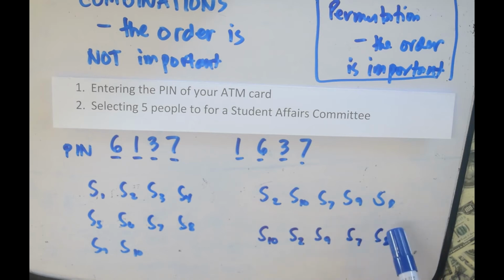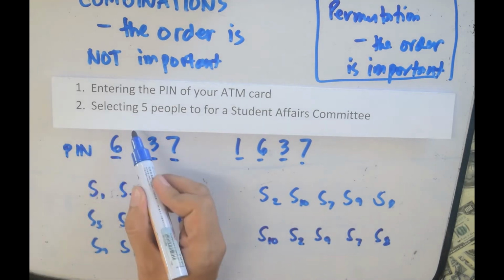It doesn't matter that here student 10 is selected first before student 2, and here student 2 is selected first before student 10. Though they are selected in a different order, these two arrangements are just the same since they make up one committee. This committee is the same because they have the same people, same elements, since the word here is just to select.